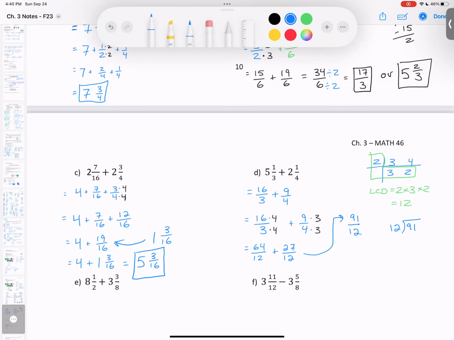So we're going to have a 7 up here. 7 times 12 gives me 84. So the remainder is 7. So our mixed number here is going to be 7 and 7/12.